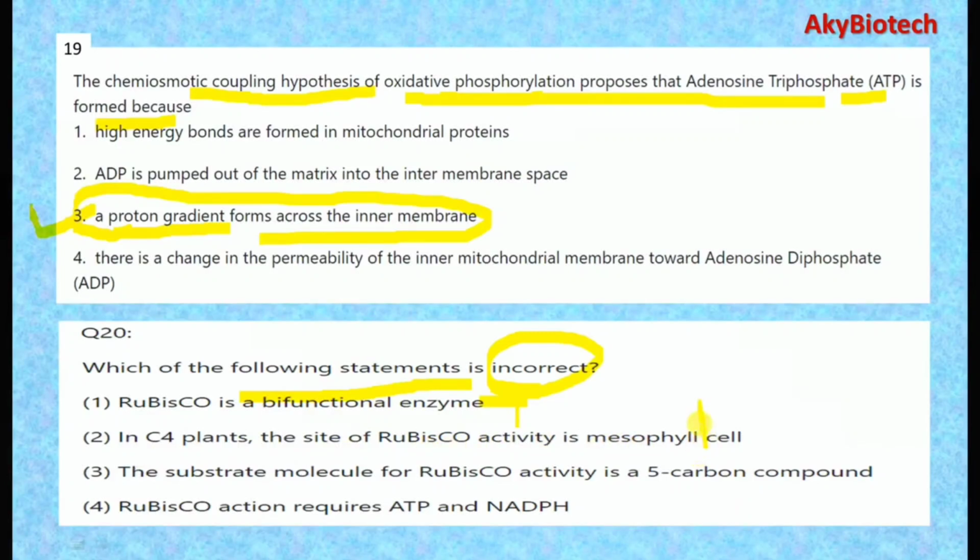So this one is the incorrect statement. The rest two, you also read them, because these two are also true statements. That is, the substrate molecule for Rubisco activity is a 5 carbon compound, we know this thing, and Rubisco action requires ATP as well as NADPH.